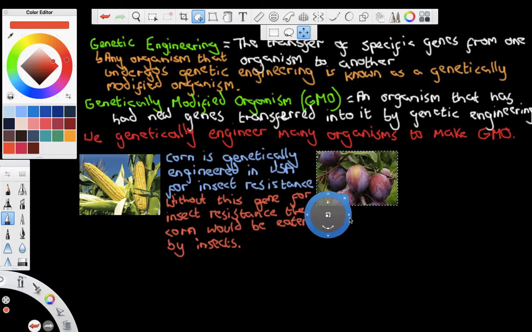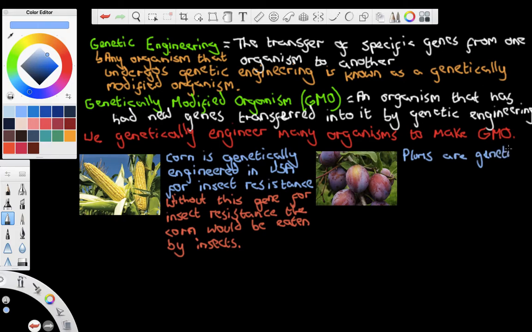So plums are genetically engineered to be resistant to certain viruses.